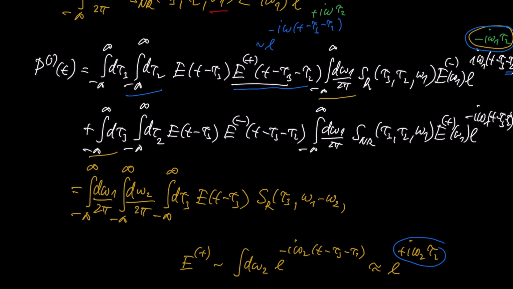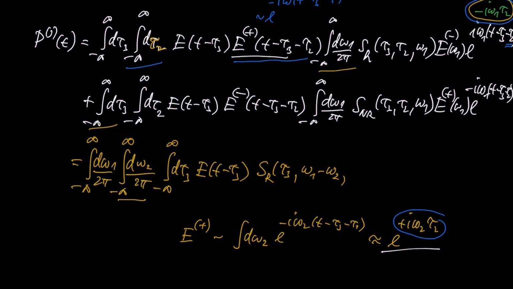So we performed the integration over tau 2, and under that integration, if we replace E plus by its Fourier transform, we get this contribution, and then there will be only exponential factors looking as e to the power of some omegas and tau 2. We can see that we have an expression omega 1 minus omega 2 present here.